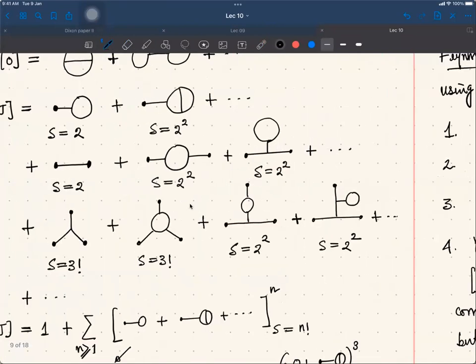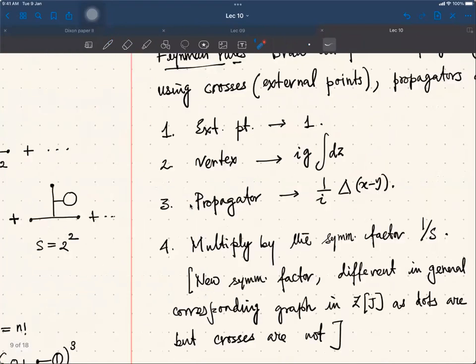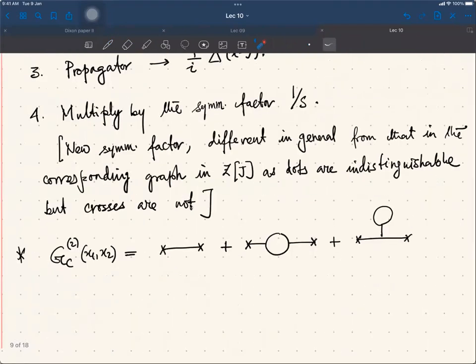These are the 3 diagrams corresponding to these 3 terms here. Of course, these crosses are the fixed points x1 and x2, it's understood. And now let me see what the symmetry factors are.